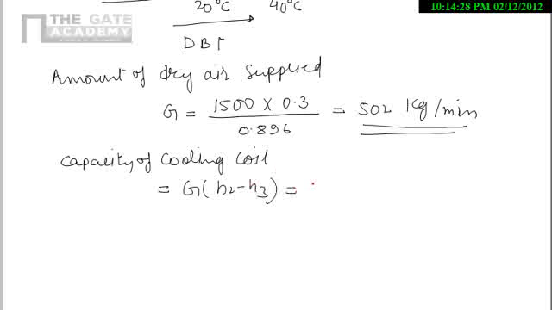We already have G, calculated as 502 kilogram per minute. H2 is 57 and H3 is 42. So 57 minus 42 into 502 comes to 7530.